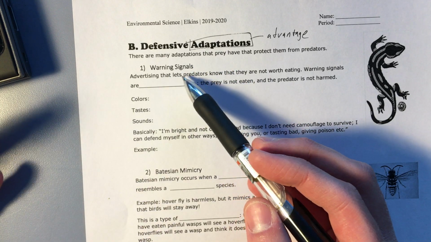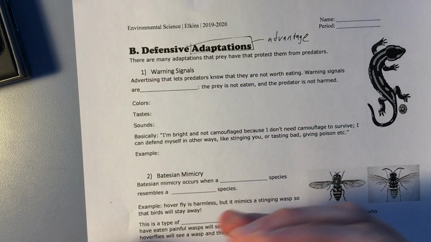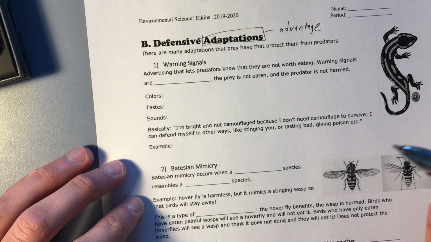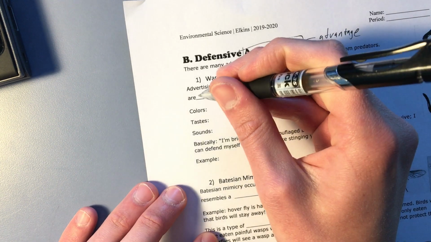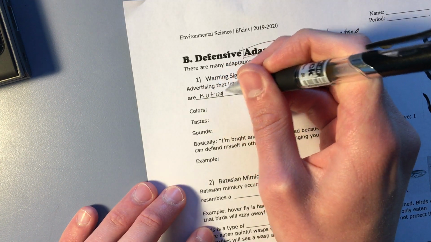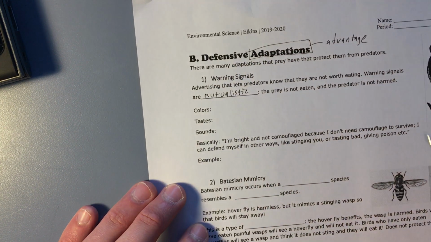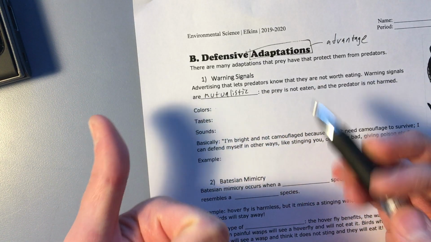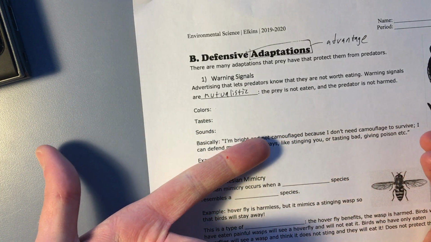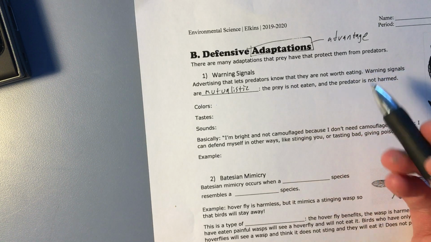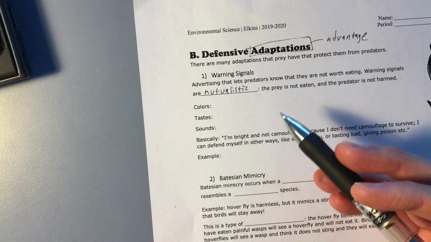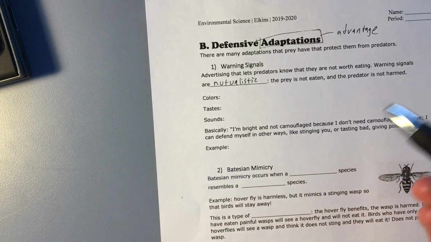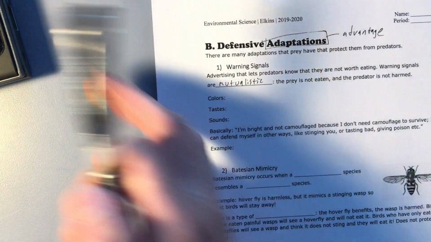It's basically advertising, and it lets predators know, hey, I am not worth eating. Okay? So these warning signals are actually mutualistic. This is a mutualistic relationship because the prey is not eaten, so that's a benefit, and the predator is not harmed. Okay? So if you know something's poisonous, you're going to stay away from it, and it's not going to be eaten or killed or whatever. So that's great. Okay? So this can happen with colors, for instance.